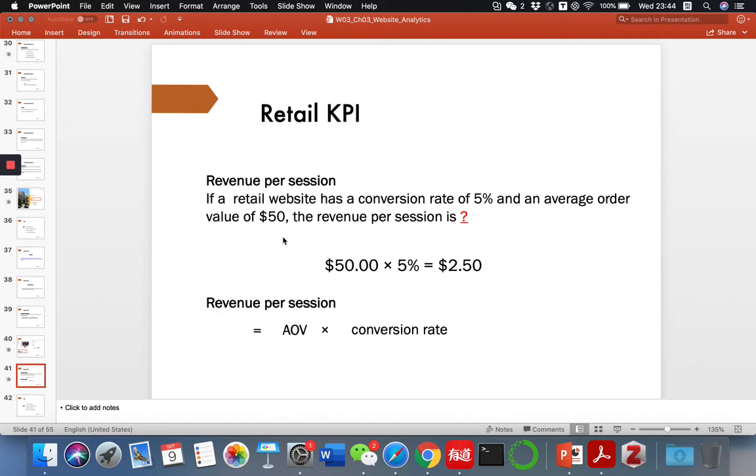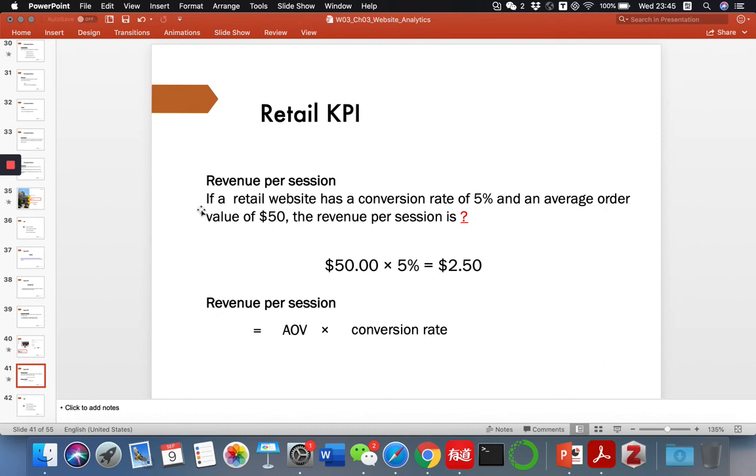And now we're going to get the idea about the revenue per session. It means for every session, for every pair of entry and exit, how much we will get from it.